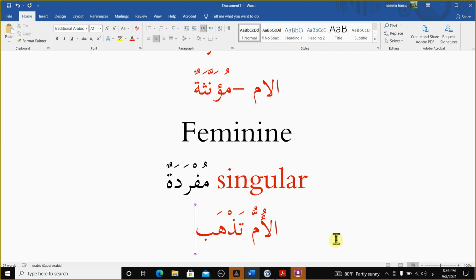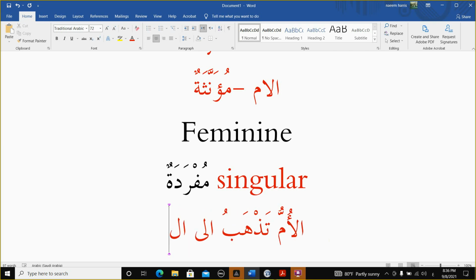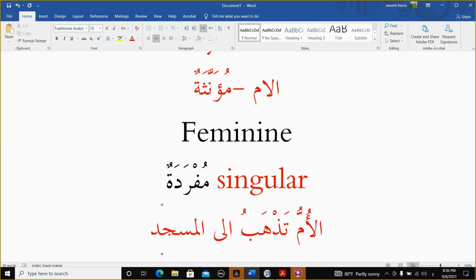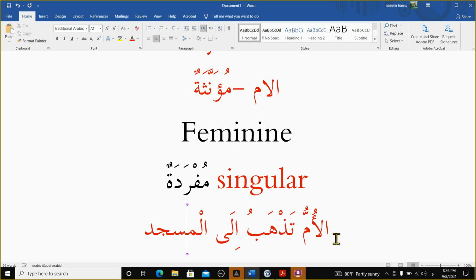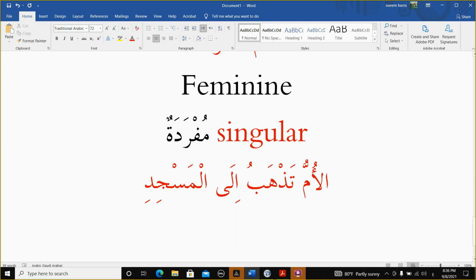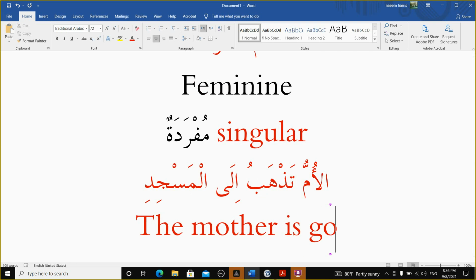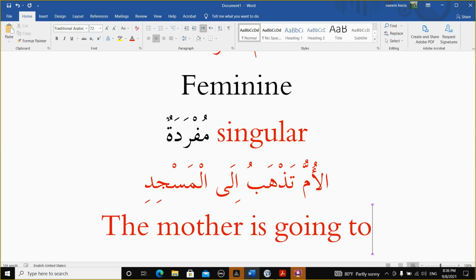So we use tadhhabu ila al-masjidi. You guys understand? The mother is going to the mosque.